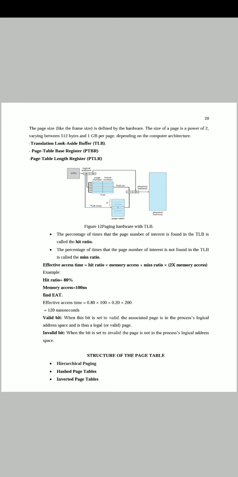Assume that if there is no miss ratio, definitely we'll get 100 nanoseconds. So it means that 80% hit ratio is there, 20% miss ratio is there. It means that it has taken an extra 20 nanoseconds when there is a 20% miss ratio.